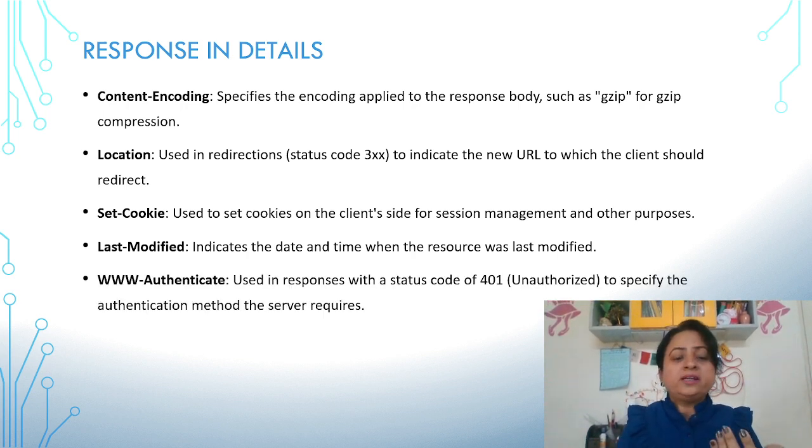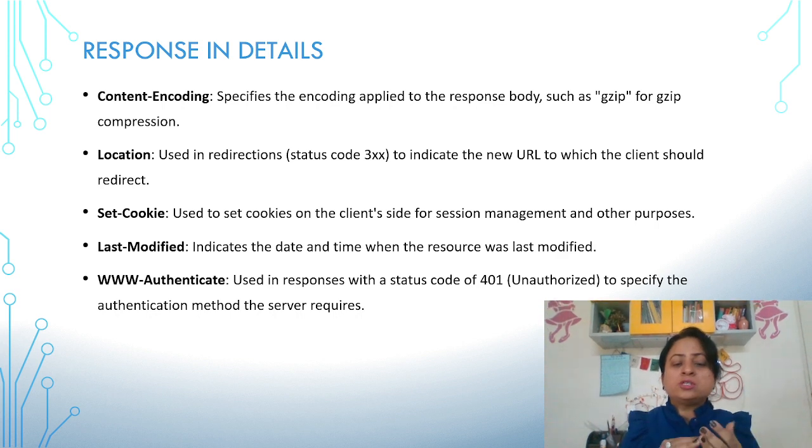Then authenticate is used in a response when you get a status code in the 400 series. The 400 series usually indicates authorization issues, and if I get this response, that means I need some authentication mechanism to access that information on that server. So this is for that.